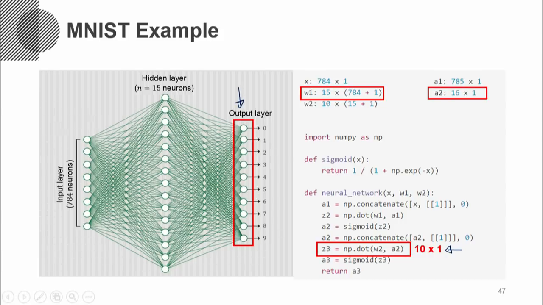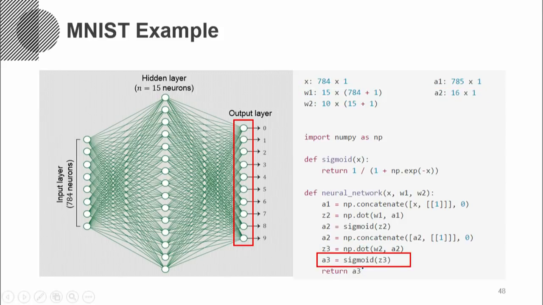And then we can also pass this 10-dimensional output through this sigmoid function, and then we finally get a 10 by 1 output that corresponds to each of these nodes.